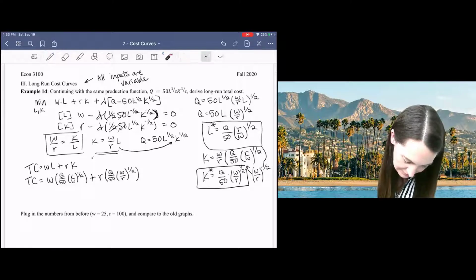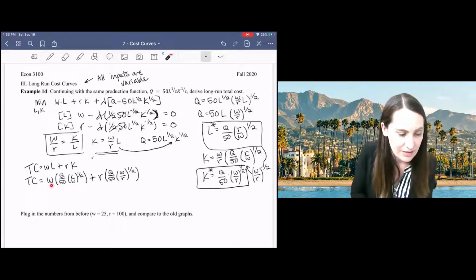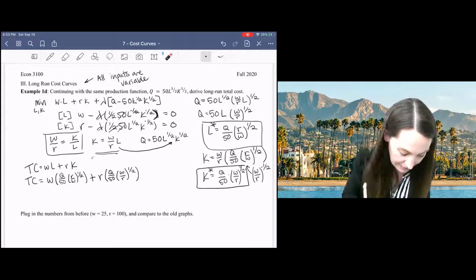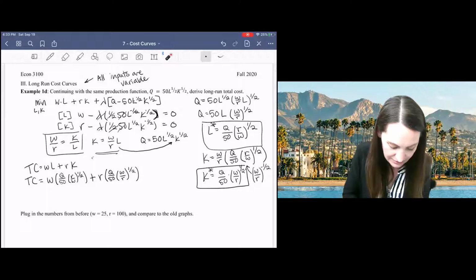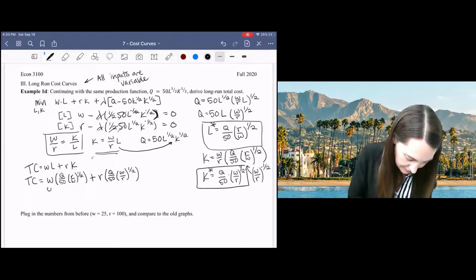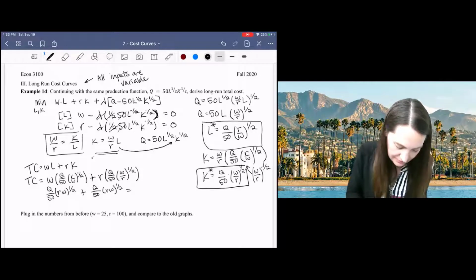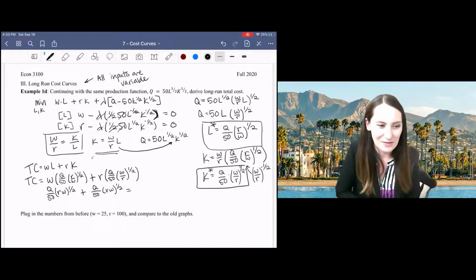And you'll notice here I've got this W in the denominator, W to the 1/2 in the denominator. And so that's going to end up being just a RW to the 1/2. And same here, my R is going to kind of cancel out with this R in the denominator, so that what I end up with is Q over 50 RW to the 1/2 plus Q over 50 RW to the 1/2, which is 2 times Q over 50 RW to the 1/2.